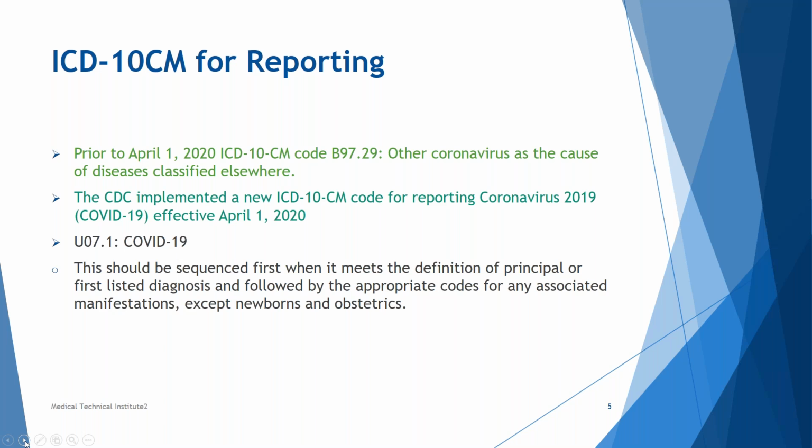So now the code is U07.1, COVID-19. This should be sequenced first when it meets the definition of principal or first listed diagnosis, and followed by the appropriate codes for any associated manifestations, except newborns and obstetrics.